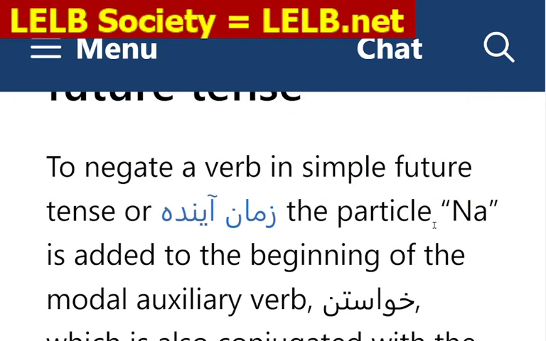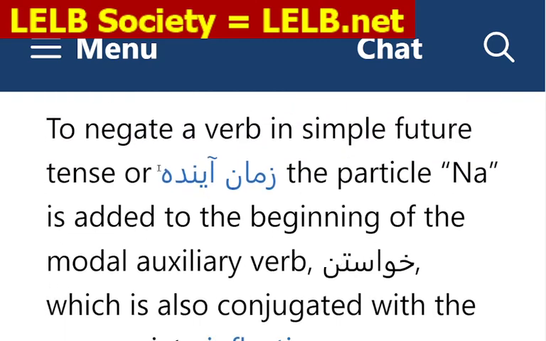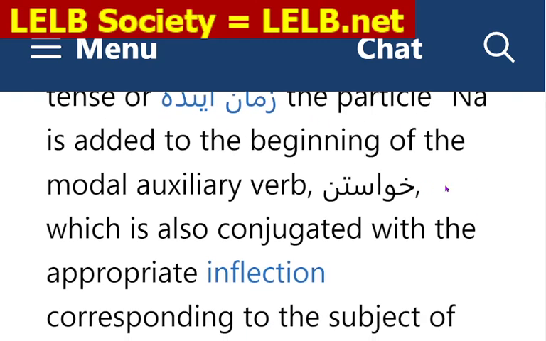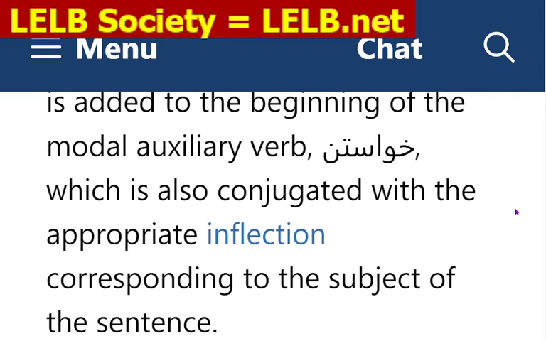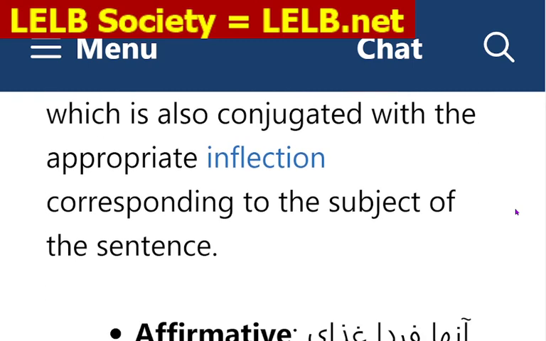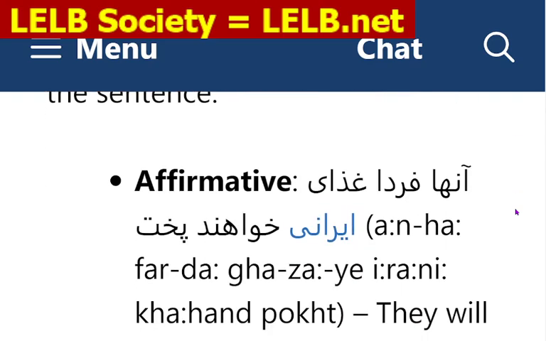I don't want to provide you with extra information, because if you want to know how to make a sentence in future tense in Farsi, you can just click on this link. I don't want to complicate this lesson. The verb is also conjugated with the appropriate inflection corresponding to the subject of the sentence.